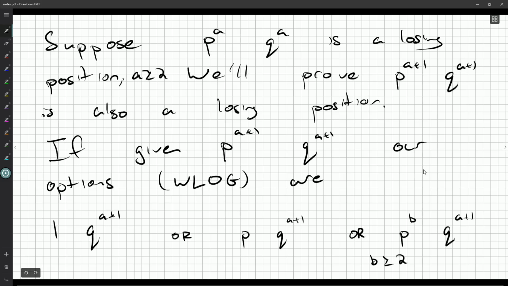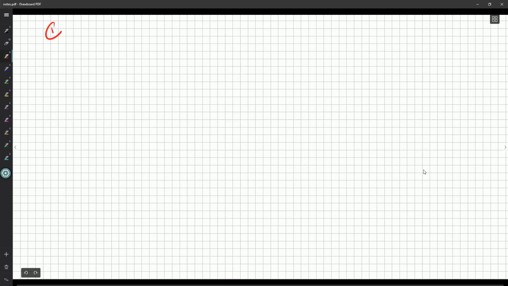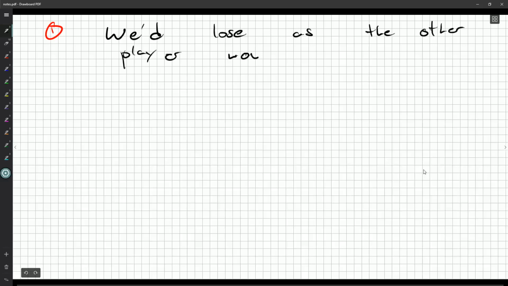And we might label these cases 1, 2, or 3. So in 1, we'd lose as the other player would give 1 q back.